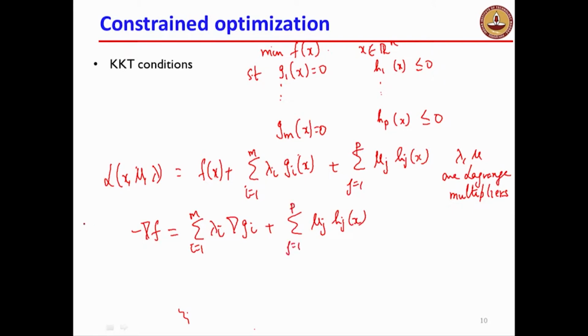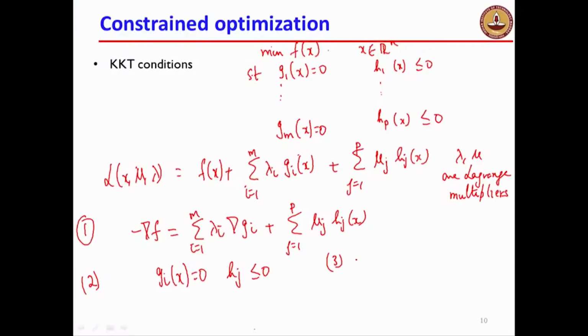This is my first condition. The second condition is that all my equality constraints have to be satisfied and all the inequality constraints have to be satisfied, which means they have to be feasible.